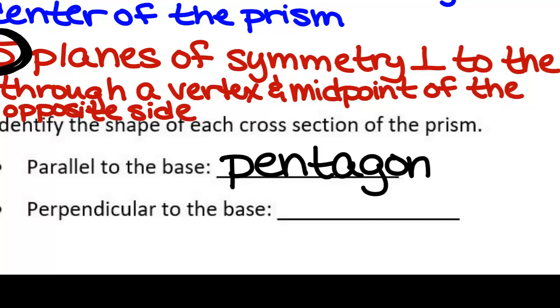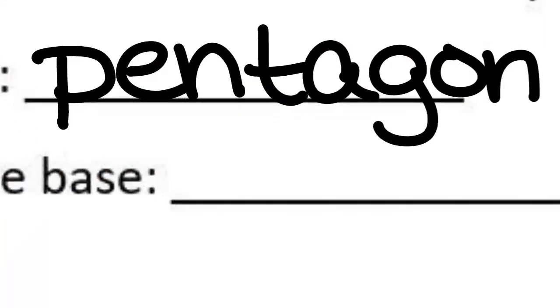If I cut perpendicular to the base, there's only one shape that will show up. It is not still a pentagon. Look at the way I've drawn this. Square. Close. Rectangle. We're going to see a rectangle.